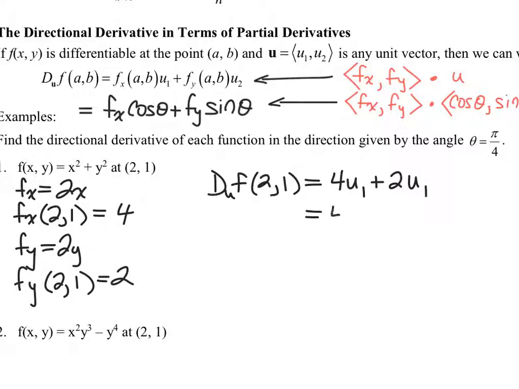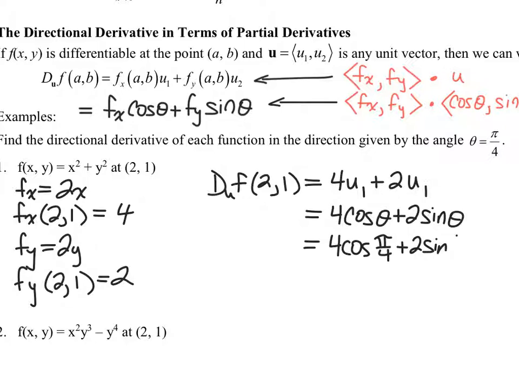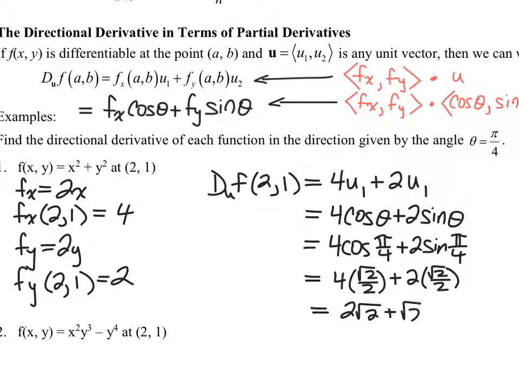So this would expand to 4 cosine theta plus 2 sine theta, which in turn would become 4 cosine, because they told us the particular angle is pi over 4, plus 2 sine of pi over 4. The cosine and sine of pi over 4 are square root of 2 over 2 in each case. So 2 root 2 plus root 2 is going to be equal to 3 root 2.